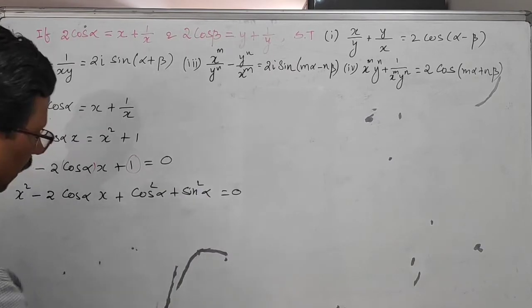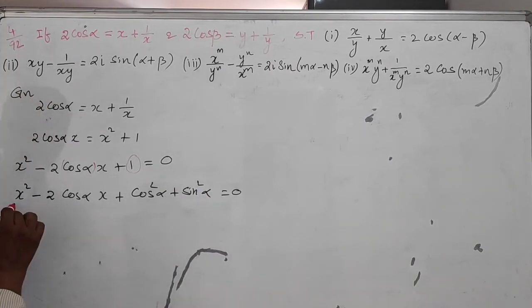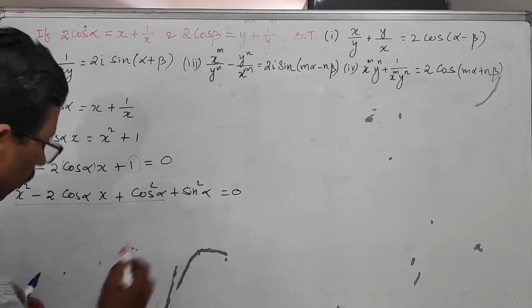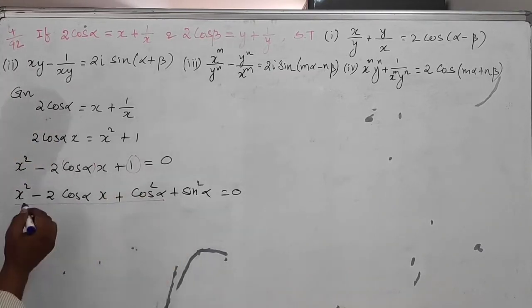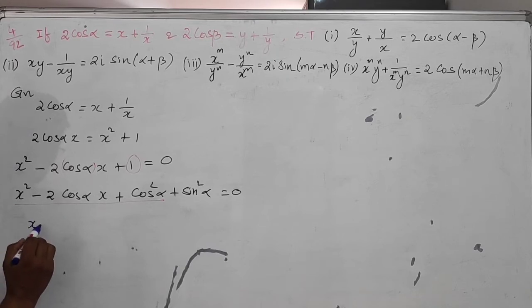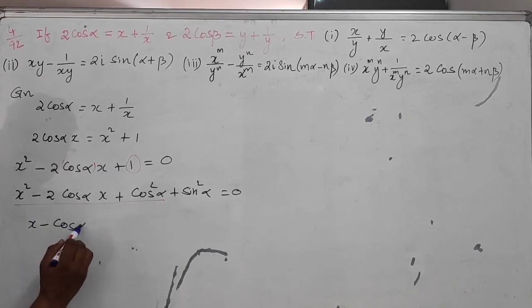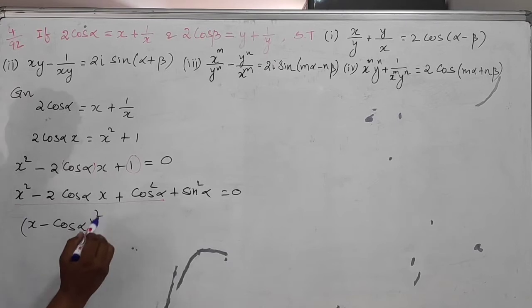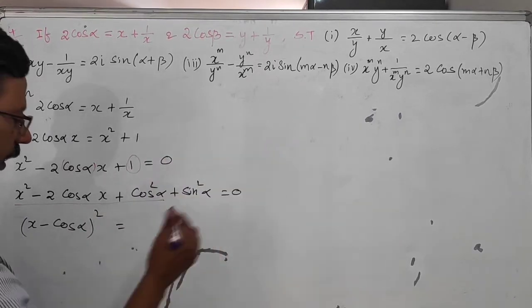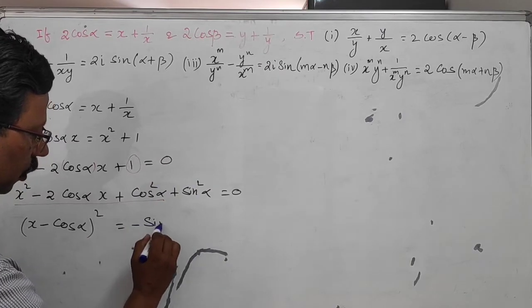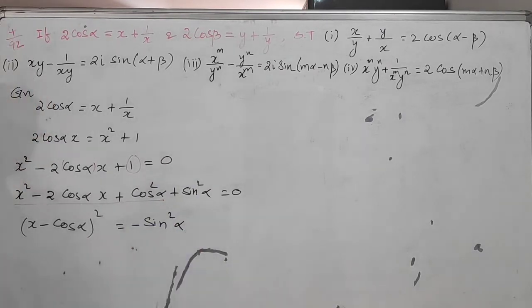Now just consider this part. This is a complete square, a square minus 2ab plus b square form. Therefore this can be written as x minus cos alpha whole square equal to, sin square alpha goes to that side, becomes minus sin square alpha. Now taking square root on both sides.